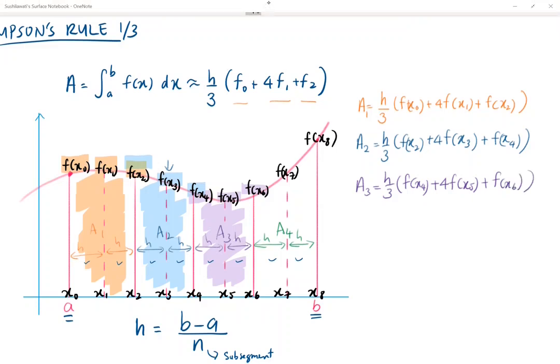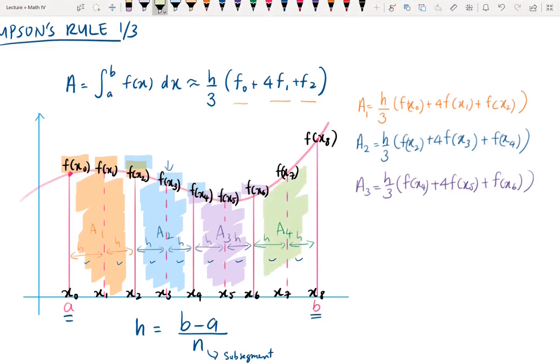And finally, area for this segment, our F0 is f(x6), F1 and F2, and we come up with this equation.